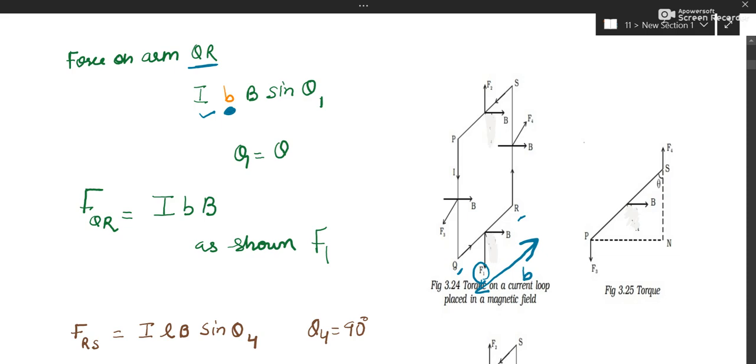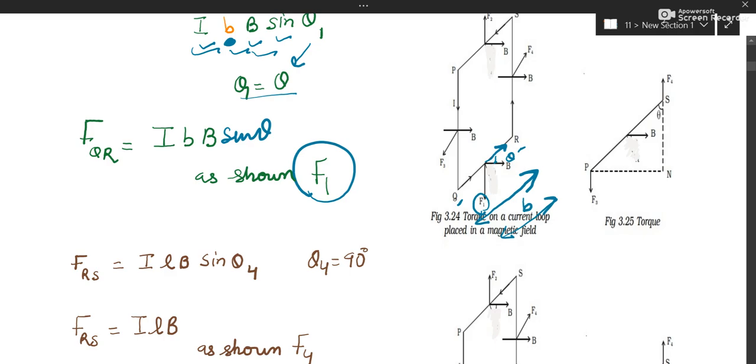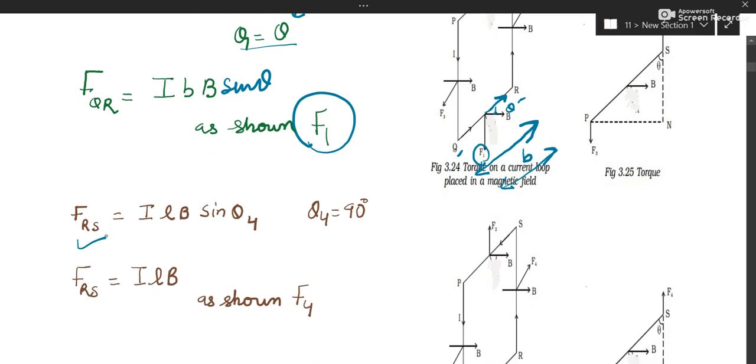In place of length of conductor it is B. Magnetic field is same. Sin theta 1. Theta 1 is the angle between current, this is current and this is magnetic field. It is theta. So substitute here theta. Sin theta is sin theta. So IBB sin theta. So it is ready and it is shown by F1. Direction is F1.